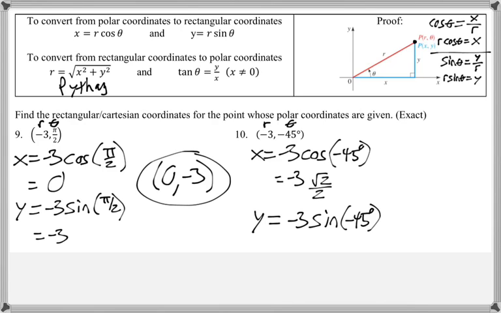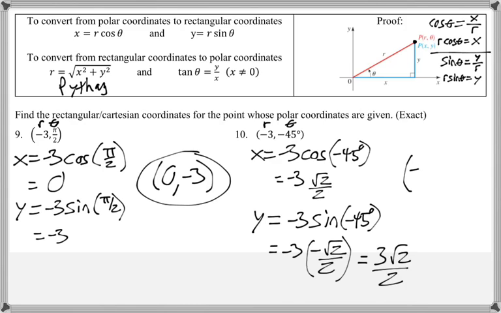And if you look at the unit circle, the sine of -45 degrees is negative square root of 2 over 2. And I'm multiplying that by -3. So those negatives do go away, and it's 3 square root of 2 over 2. So my point would be -3 square root of 2 over 2 and 3 square root of 2 over 2.